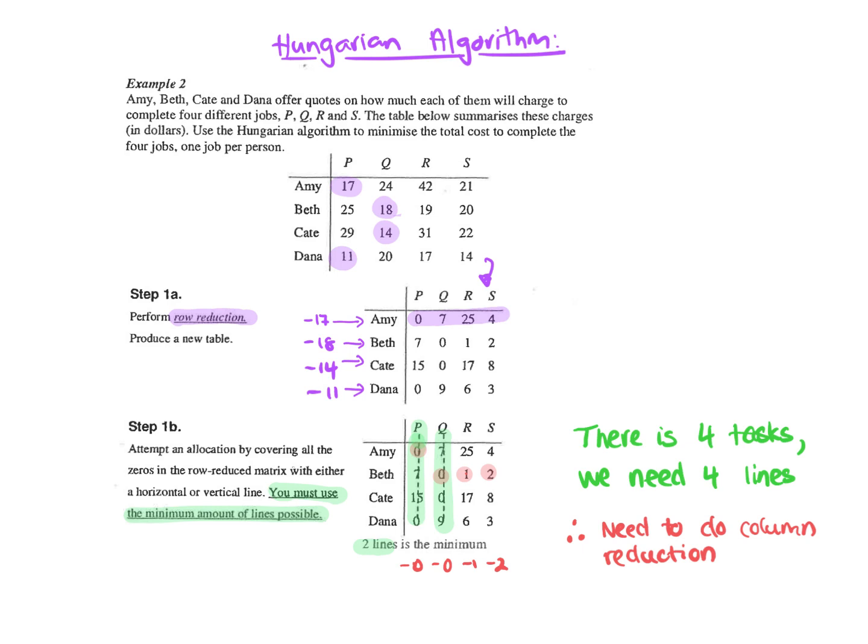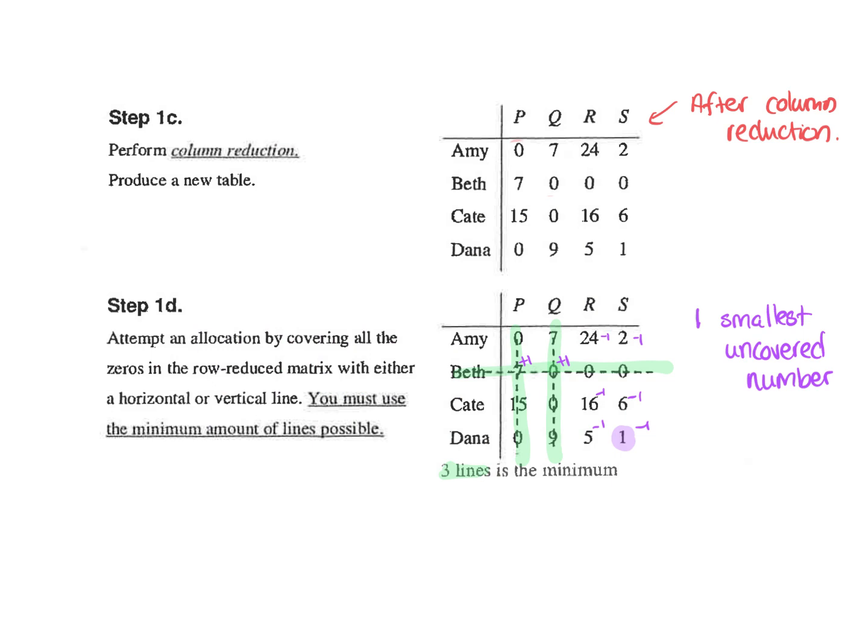The column reduction means we take the lowest number of each column. The lowest number of that column is 0, the lowest number of that column is 0, this one is 1 and this one's 2. So when we go on to this next, this is the column reduction. It has happened, and you can see the numbers have had those lowest numbers deducted.